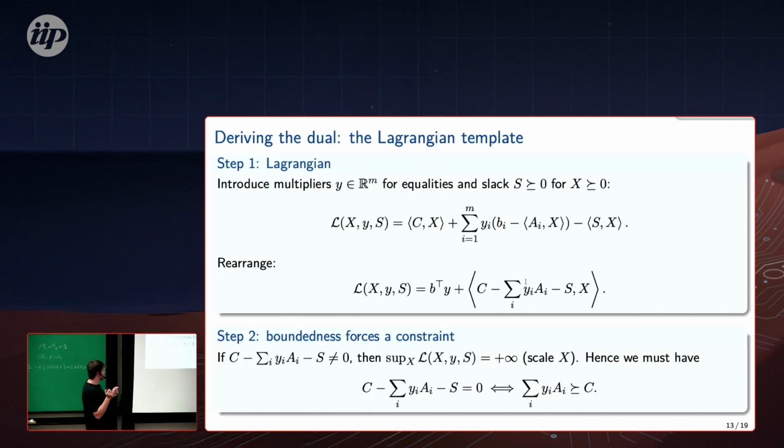So essentially, if I give you some feasible y, again, sorry for the sign mistake here, the point is that for this thing not to explode, this has to be 0, right? So if I give you a feasible yi, then this S will just be whatever is left to make this 0 and not explode.